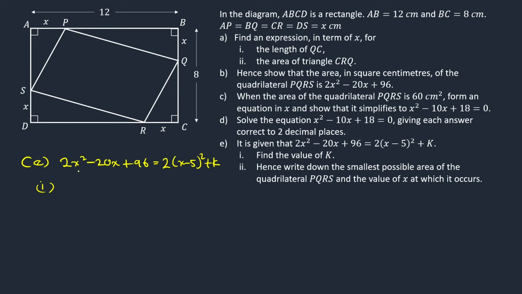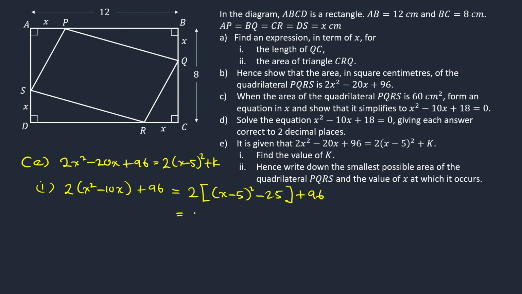So again, I'm going to need to do completing the square here for the expression on the left side. So that is now 2 times (x squared minus 10x), then I just leave this 96 as is. That is equal to, completing the square, 2 times ((x minus 5) squared minus 25 again, as I explained earlier), plus 96.